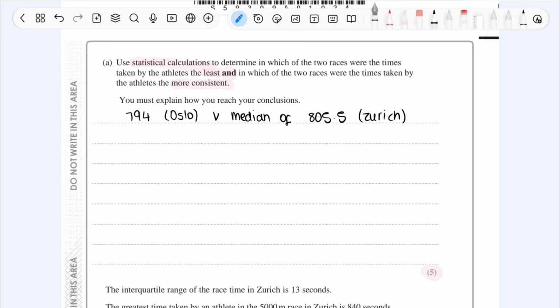Now let's directly compare them. 794 is less than 805.5. Therefore, Oslo was quicker, or quickest, as the median was lower.